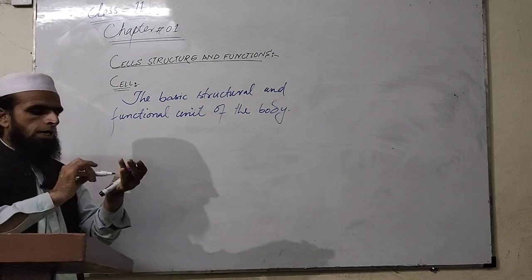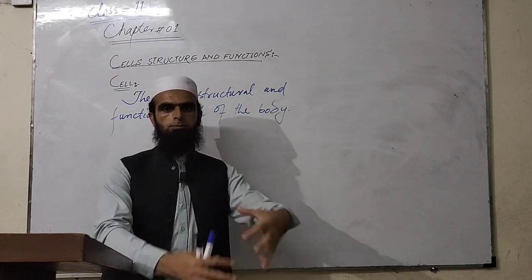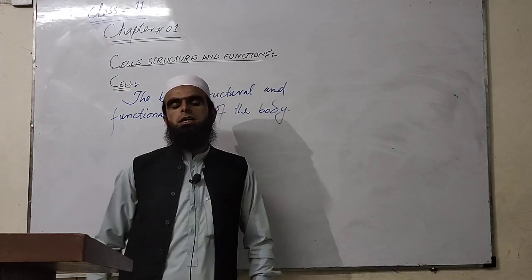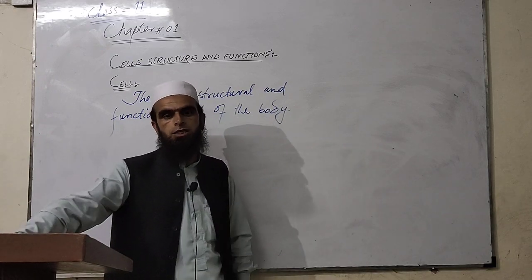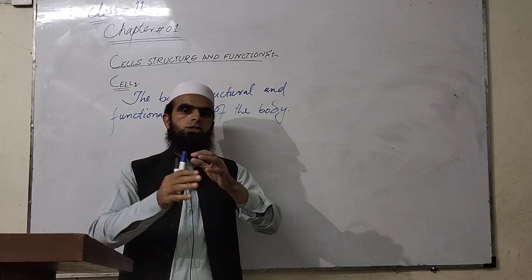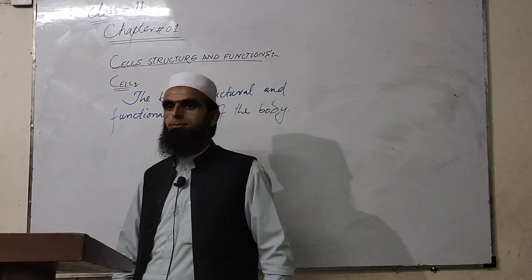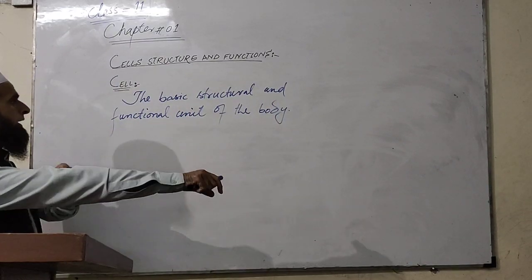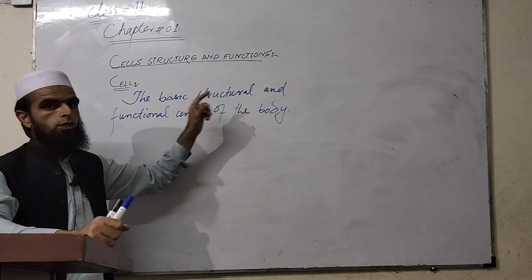The cell is called the structural unit of the body because the whole body is made of a huge number of cells which are arranged in a particular manner. So the whole structure of the body has been made of cells, therefore it is called the structural unit.